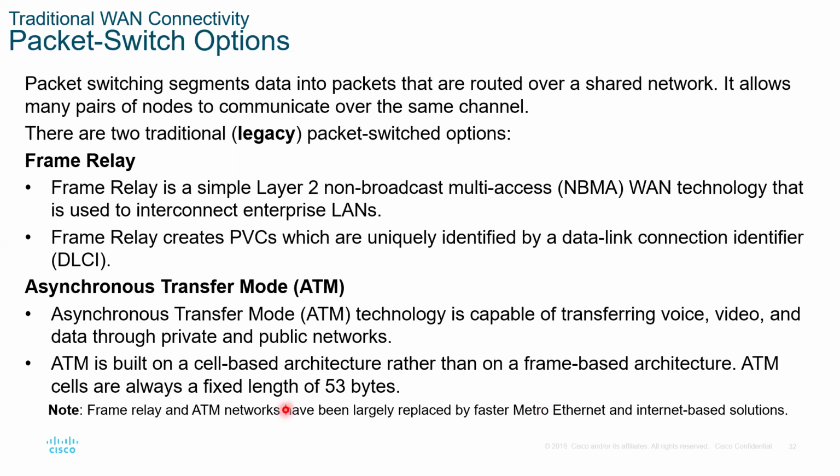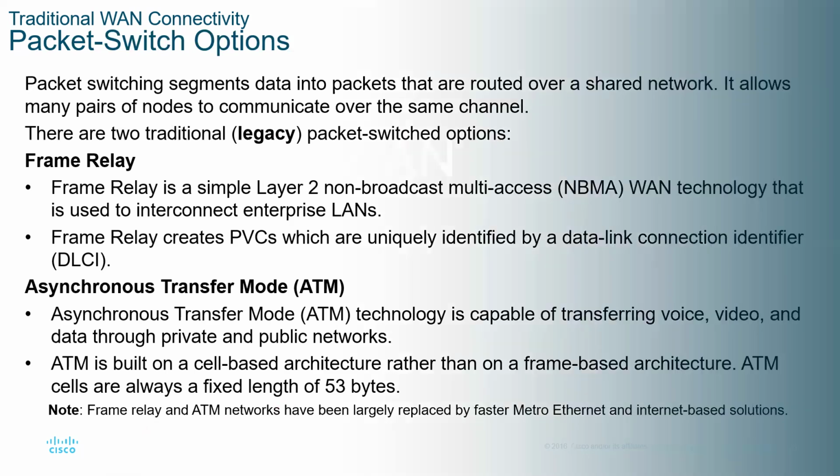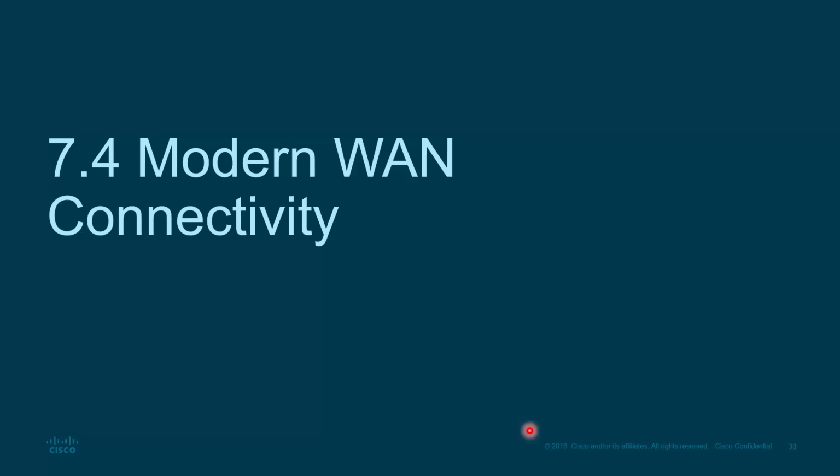Note, frame relay and ATM have been largely replaced by faster Metro Ethernet and internet-based solutions. We'll look at Metro Ethernet with the modern WAN connectivity. So to summarize, the traditional, including the legacy, we have the dedicated leased lines T1, E1, E3, T3.